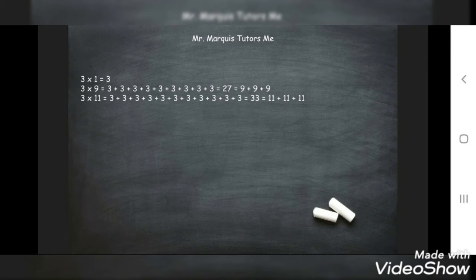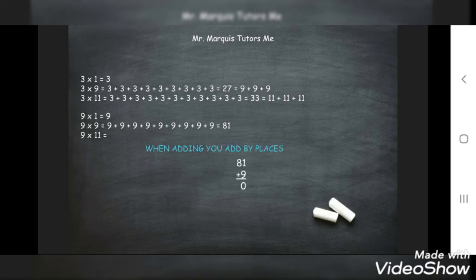Now, I did the 3s, I did the 9s, but when you get up to 9 times 9, it's like, yeah, you know that it's 81 because you've been told so many times or you've seen it so many times. But if you add all your 9s up, you'll see that it's 81. And then when it's time to get to 9 times 11, you'll say, okay, what's 9 times 10 first?